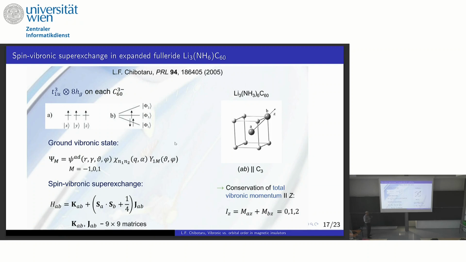Now we first want to apply this model to expanded fullerides. In expanded fullerides, the interaction between molecules is very weak, and we expect that this interaction will not mix the excited vibronic states. We can formulate the problem only in terms of the lowest vibronic states. And then what we also proved is that the ground vibronic state is basically this determinant of these adiabatic orbitals.